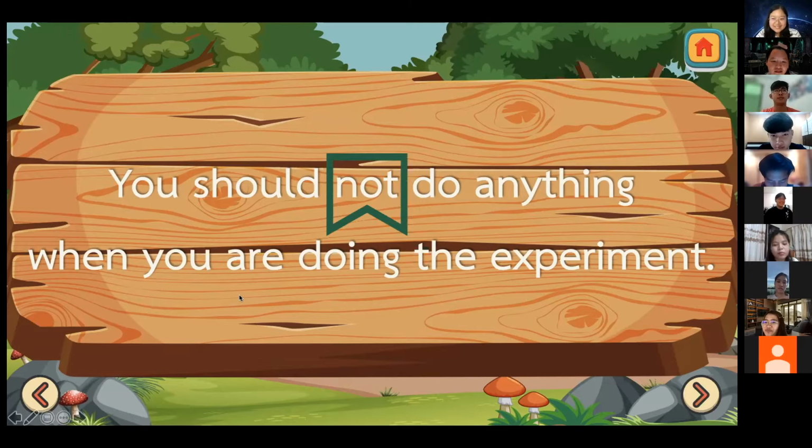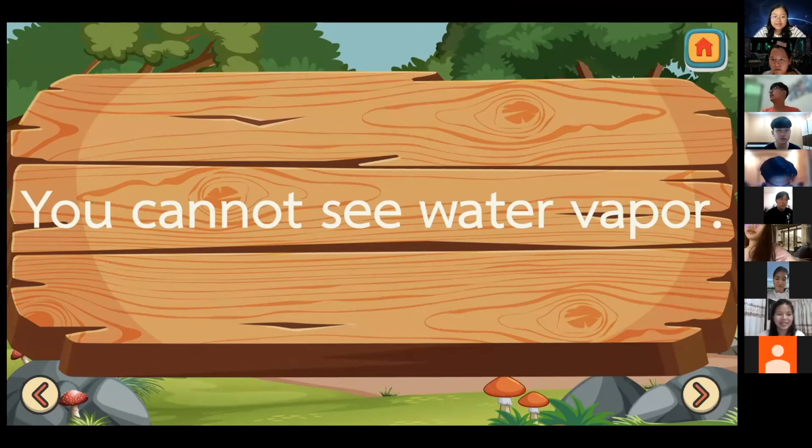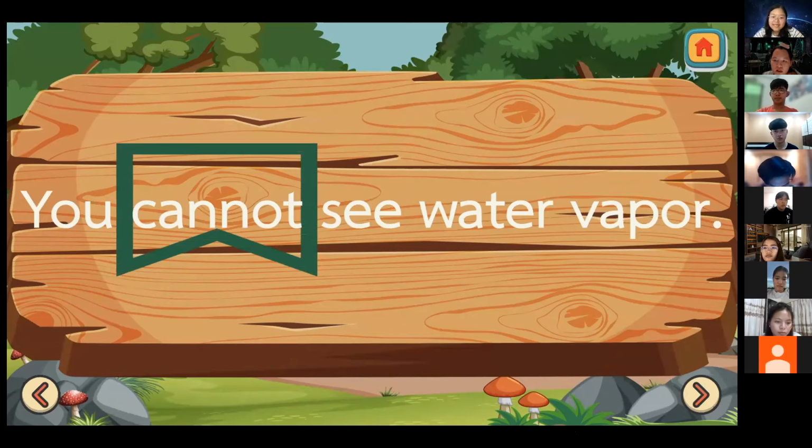Not is a negative form. And then the last example is: you cannot see water vapor. The negative is cannot. And you must remember, when you write cannot, you write it together.